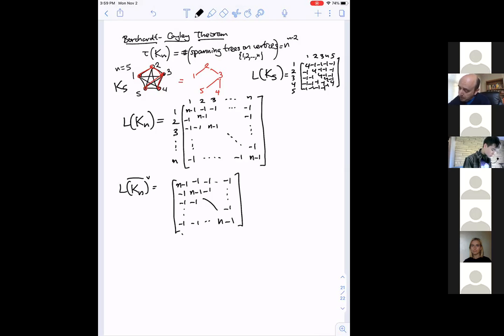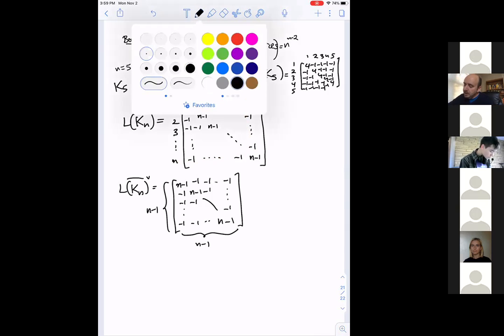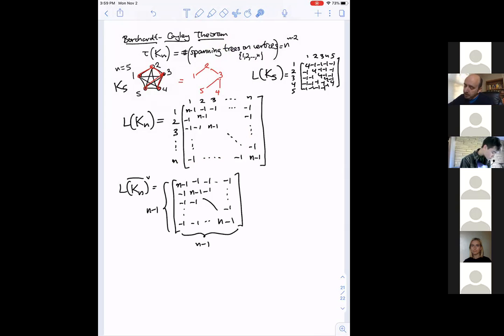And now it's going to be n minus 1 by n minus 1 because we removed one of the rows and columns. It used to be n by n, now it's one smaller. This is the thing that I'm going to compute the eigenvalues and eigenvectors for, this reduced Laplacian matrix. I'm going to show you its eigenspaces, all of them, and compute the eigenvalues and their multiplicities. That's how we'll get at the determinant. Everybody okay?